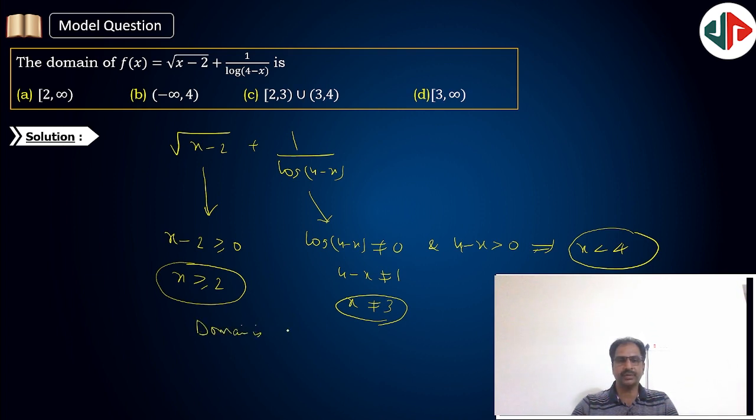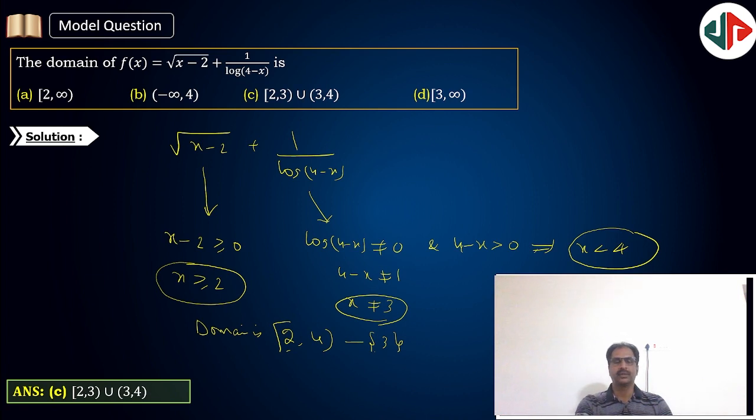Greater than or equal to 2, less than 4 means it lies between 2 and 4, including 2, excluding 4, minus 3, because 3 should be excluded. So closed bracket 2 comma 4 open bracket minus 3, which means 2 to 4 except 3. Option C is correct, because in option C, open bracket is given for 3.